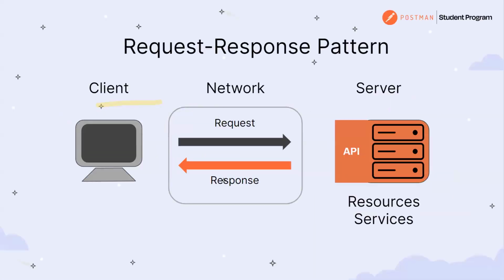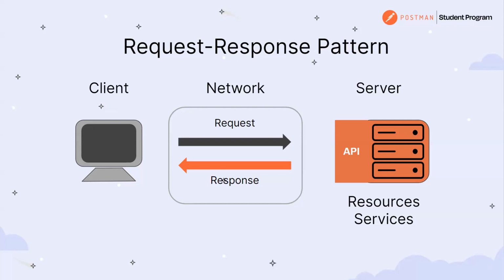The request-response pattern, as I already discussed, has a client and a server, and in between we have a network. The client sends the request, and the server gives the response to the client. The client is the entity that makes a request to a server. Some examples of clients are applications like web browsers. The server controls resources and services. An API is the interface that exposes these resources and services to clients in a network.